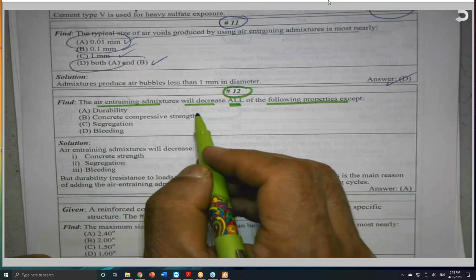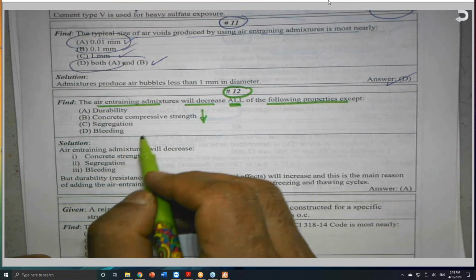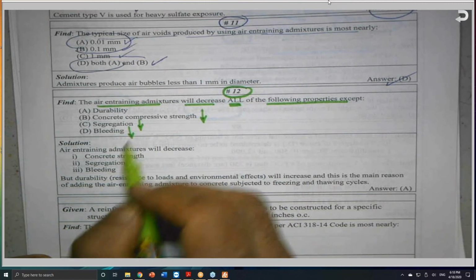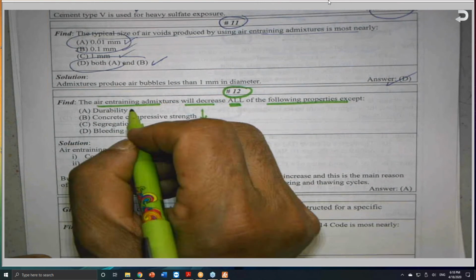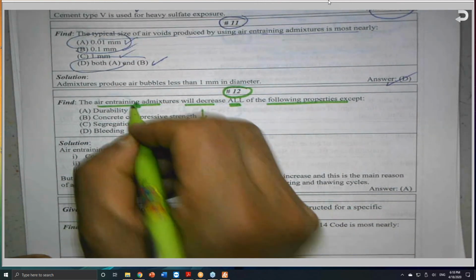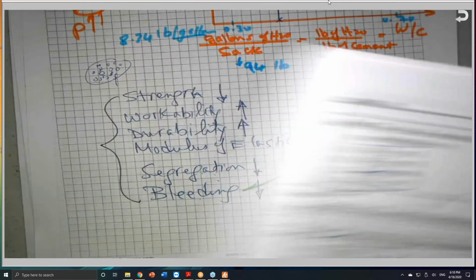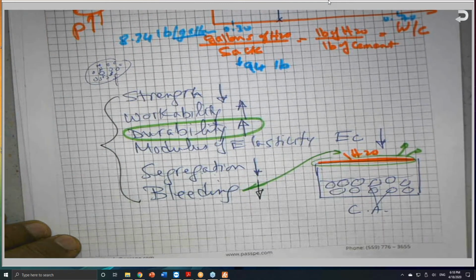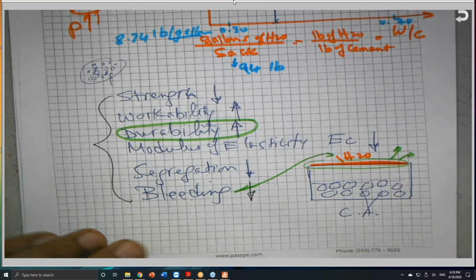Compressive strength will go down, segregation will go down, which is better, bleeding will go down. The one that is going to go up is durability. Did I say it up here or not? Durability, here it is. It will increase. What is durability?